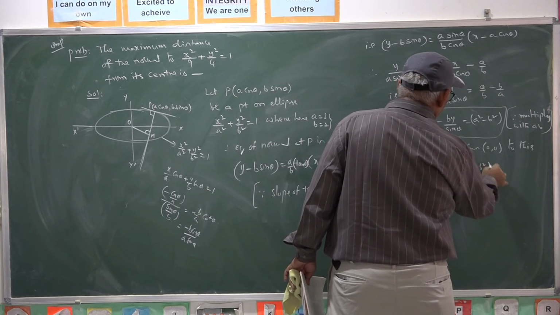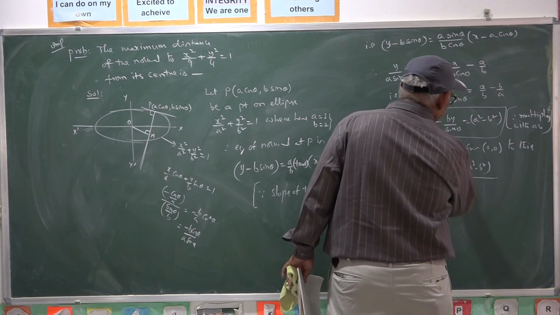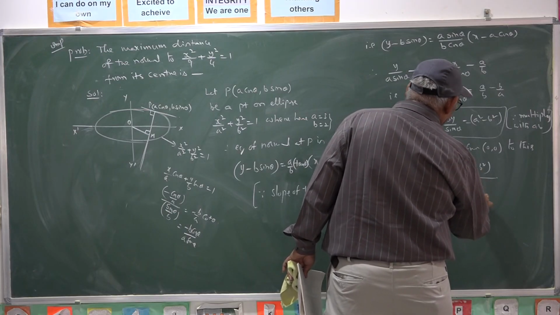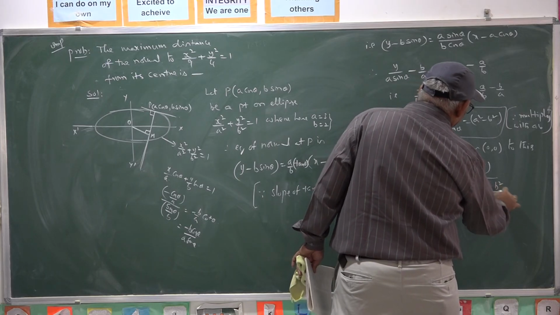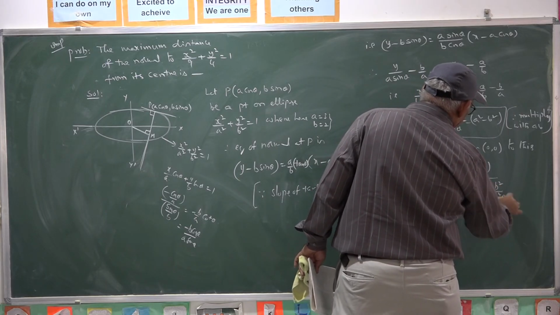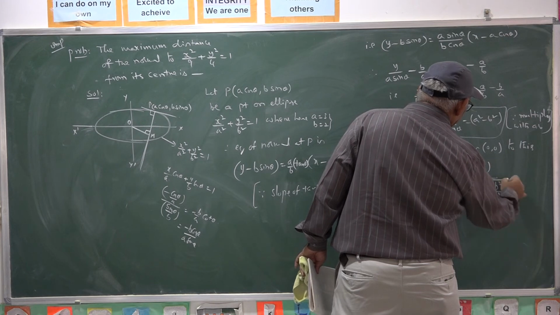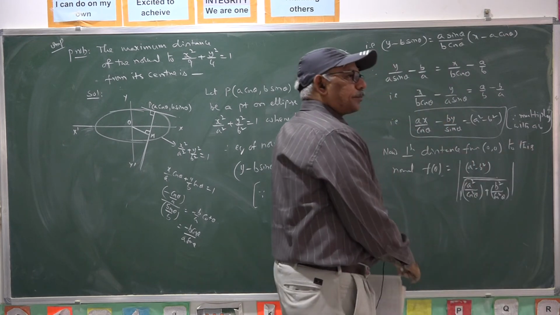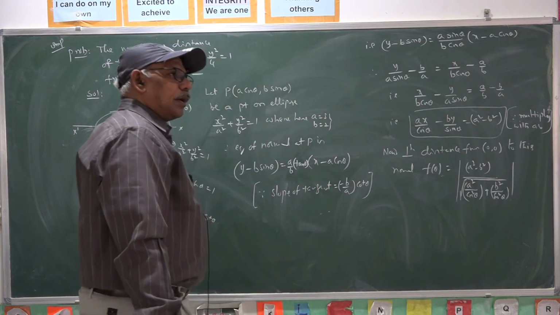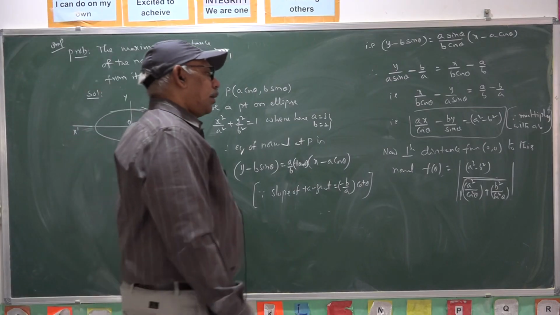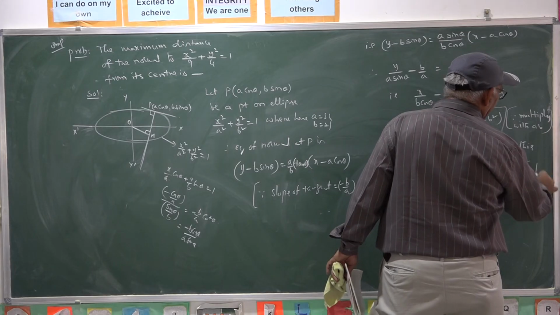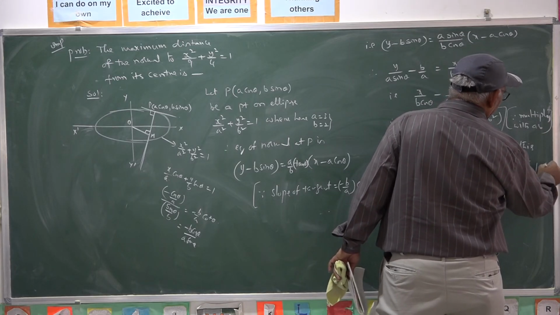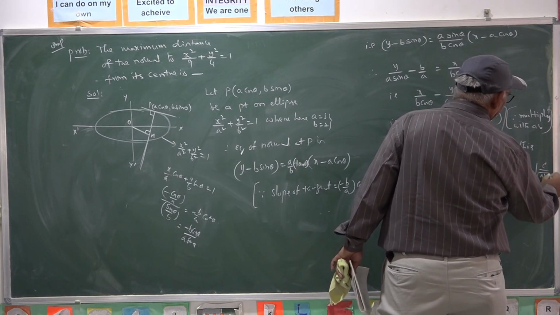C means the constant, a square minus b square, divided by the square root of a square cos square theta plus b square sin square theta. This is our perpendicular distance, because the perpendicular distance from origin to a line is mod c by root over a square plus b square. This is our formula.